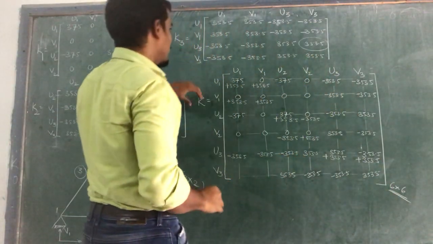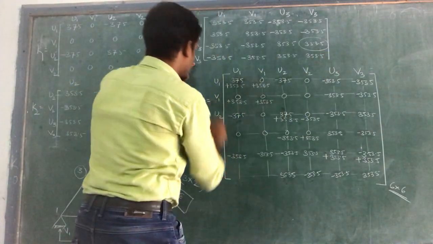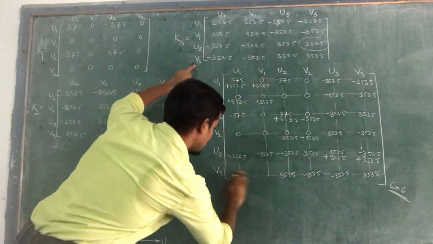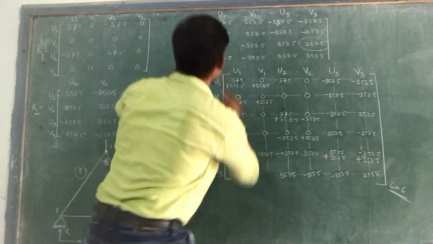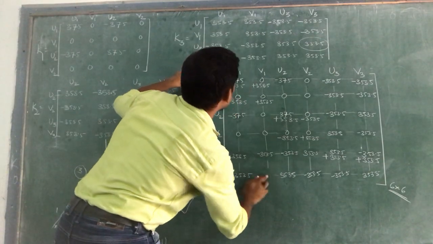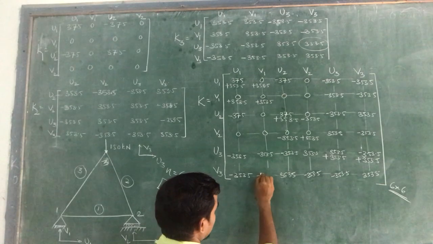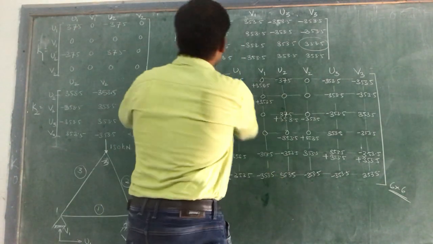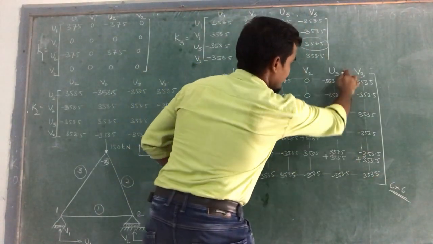Now next, finally we need to map this V3 row. So V3 row, U1 column. This value should be here, minus 353.5. Similarly, V3 row, V1 column. It should be there, minus 353.5. Now V3 row and U3 column.